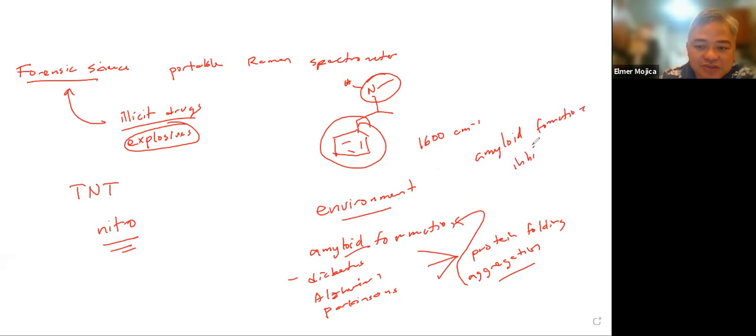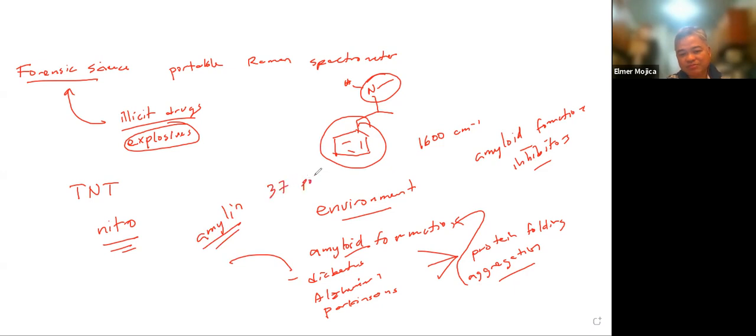And what they usually do is just use the short chain of the protein that causes those what we call amyloid formation. So for instance, for diabetes, they found out that it is caused by amylin. So this is a 37 polypeptide.